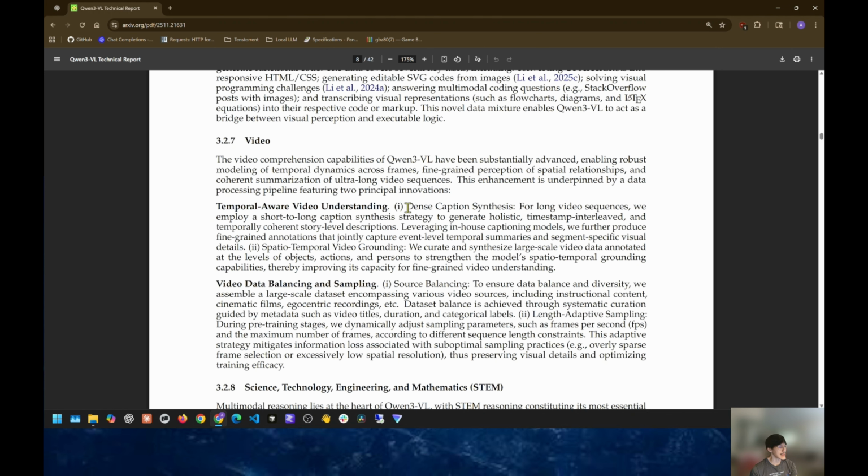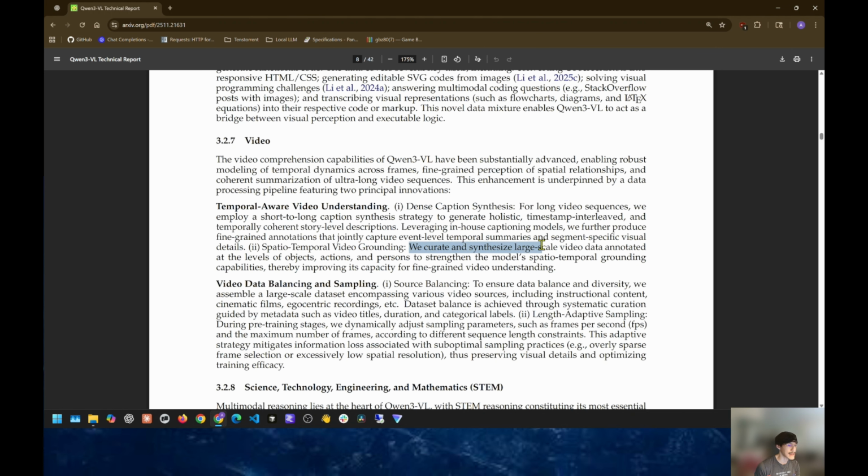Temporal-aware video understanding and dense caption synthesis: for long video sequences, we employ a short-to-long caption synthesis strategy to generate holistic, time-stamped, interleaved, and temporally coherent story-level descriptions. Leveraging in-house captioning models, we further produce fine-grained annotations that jointly capture event-level temporal summaries and segment-specific visual details.